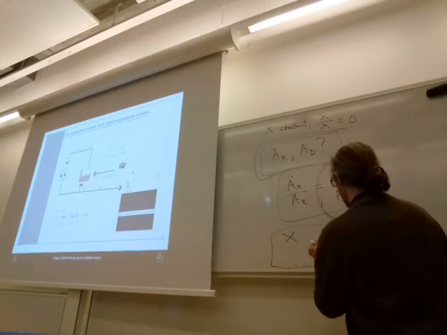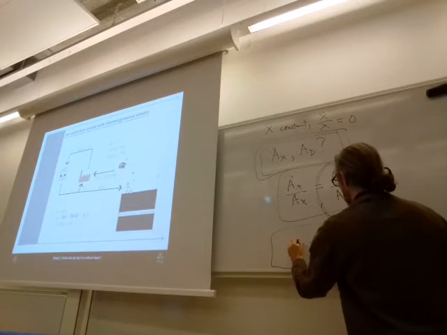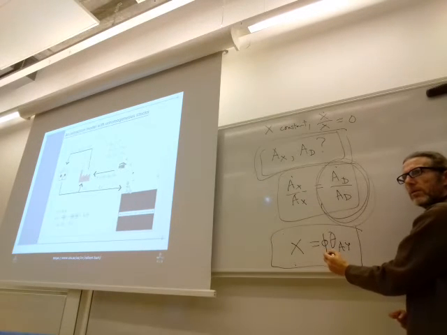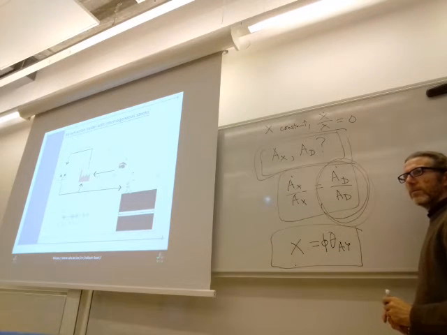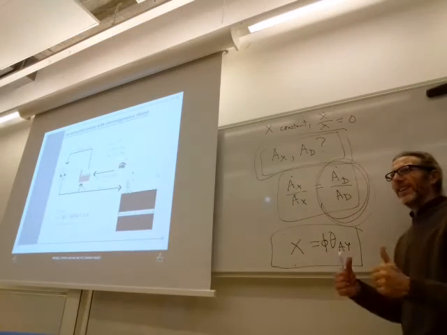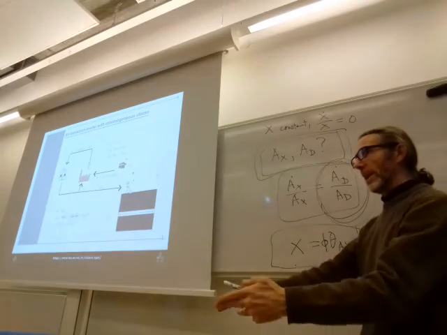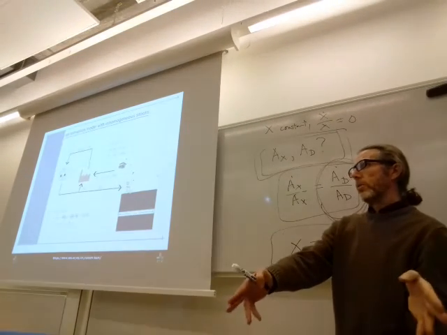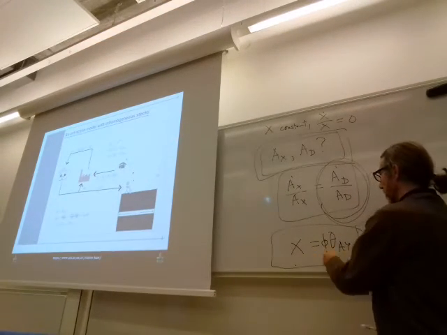If we rearrange here, we get this. Does this look constant? Yeah. So this is kind of confirming there might actually be a balanced growth path. Because we said, if there's a balanced growth path on which x is constant, then x must be something.